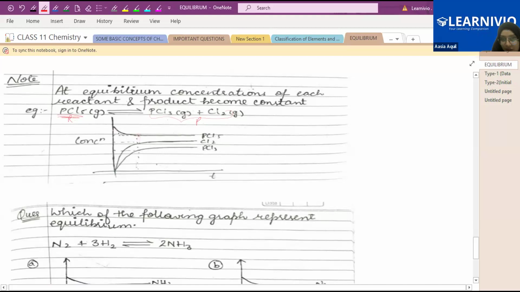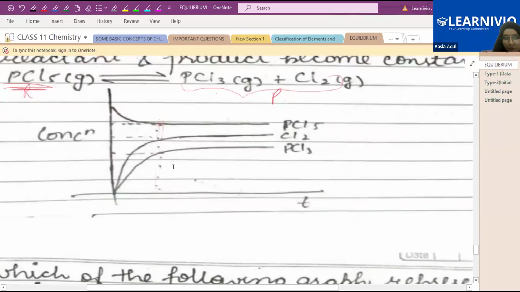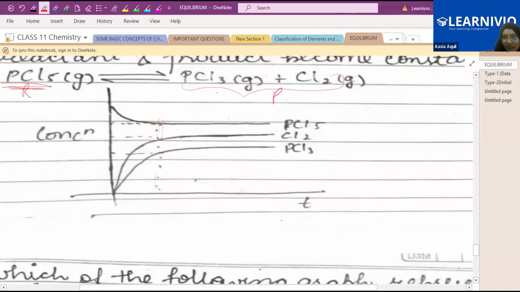See this data over here. Let me zoom. This is a concentration versus time graph. On the y-axis, we are taking the concentration, and on the x-axis, the time.